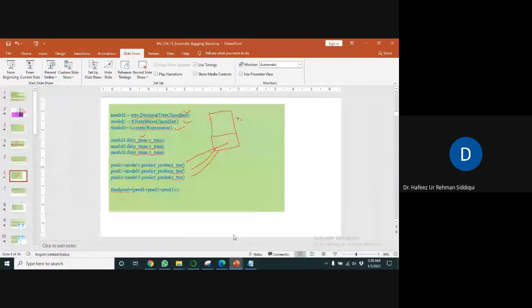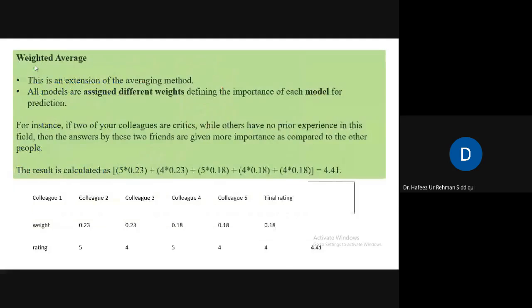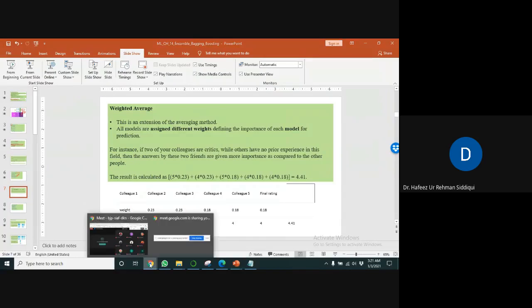Sorry, where was I? Weighted average. So you guys know that in a real scenario, not everyone has the same experience.